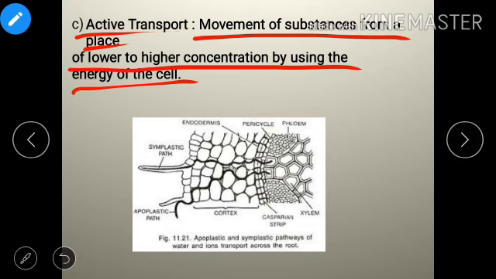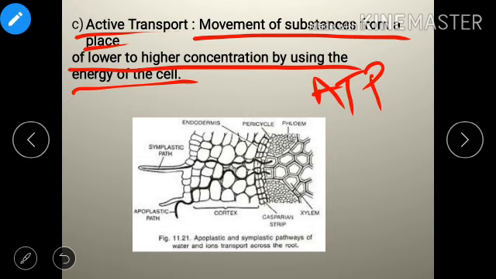That energy is in the form of ATP. ATP, you know. The full form of ATP is adenosine triphosphate. By the help of this energy, the movement of substances from a place of lower to higher concentration takes place in the cell.